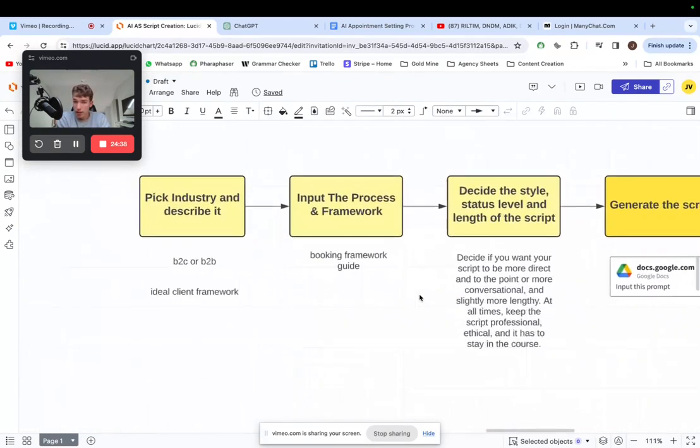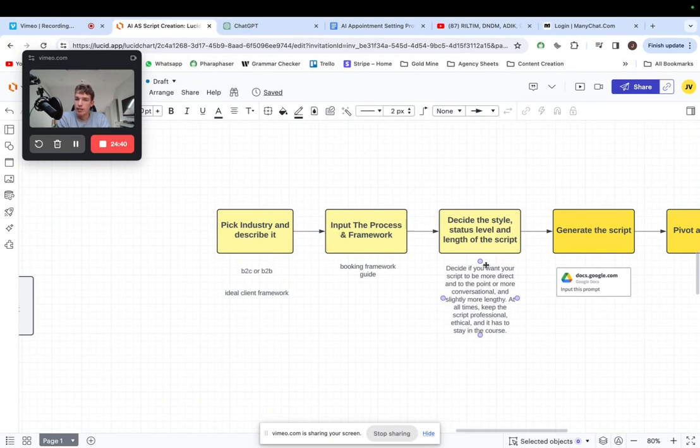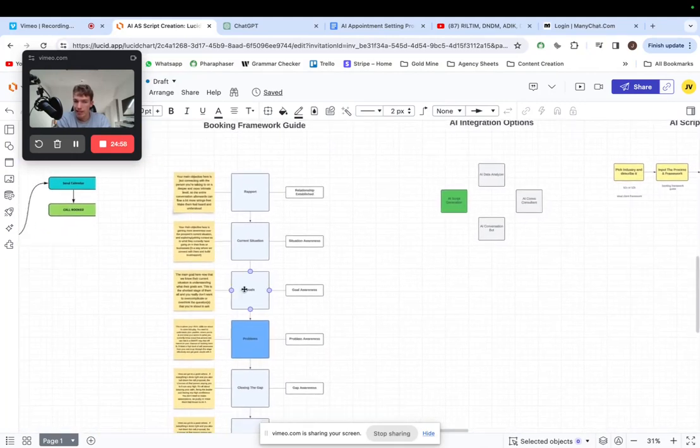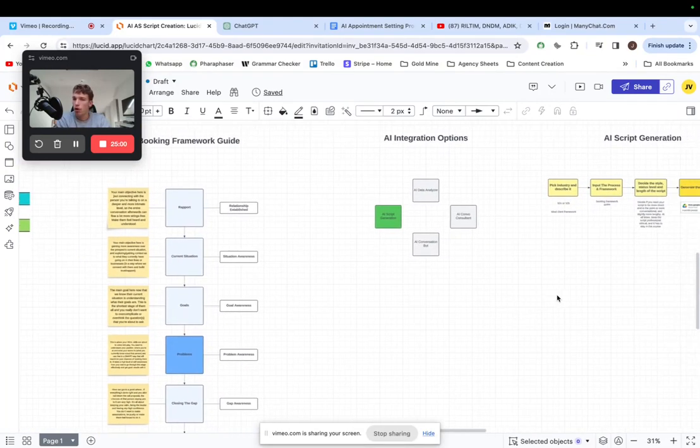And the last thing is to decide the style, status level, and length of the script. So decide if you want your script to be more direct and to the point, or more conversational and slightly more lengthy. At all times, by the way, keep the script professional, ethical, and it has to stay on course. And the course I'm talking about here is these steps. Don't go off the line.